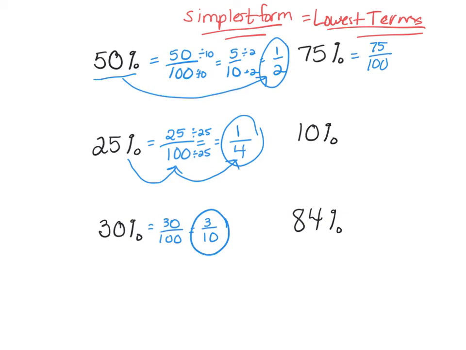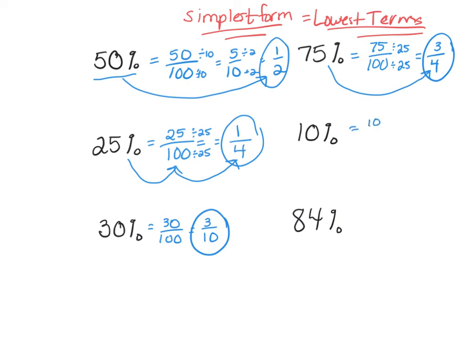And 75 cents can be split up into quarters, so I can divide it by 25, and I can definitely divide that 100 by 25. We've already done that. 75 divided by 25, it goes 3 times. There's 3 quarters in 75 cents. And 100 divided by 25 is 4. So 3/4 is our 75% in lowest terms, or in simplified form.